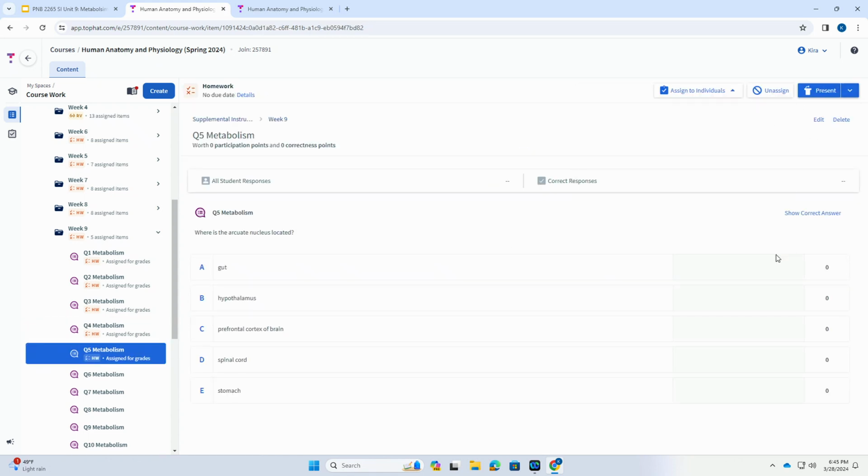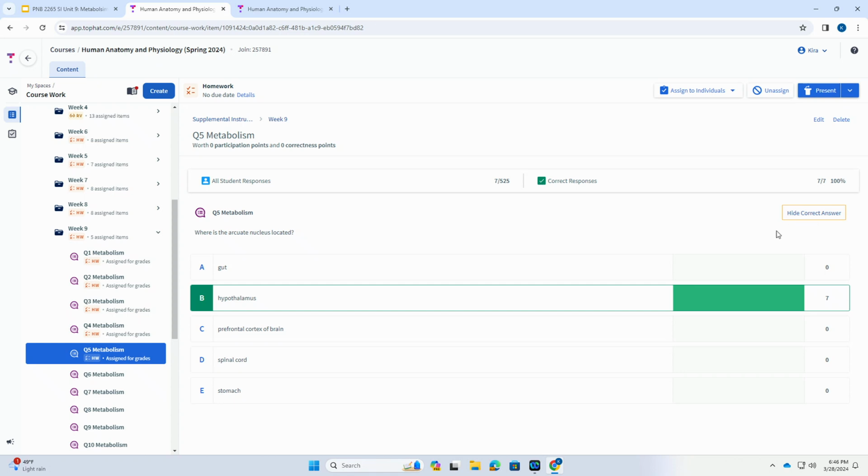Where is the arcuate nucleus? Yeah, perfect. So the arcuate nucleus itself is located in the hypothalamus. It does have neurons that innervate the gut, but the arcuate nucleus is in the hypothalamus.